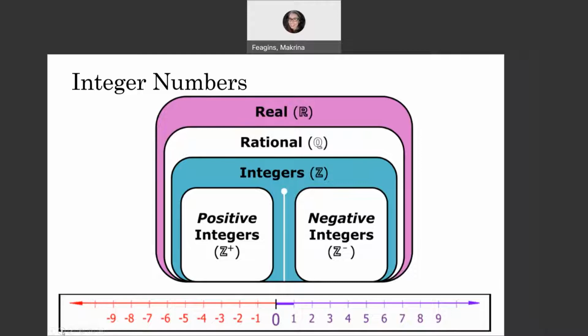So after the integers, which you'll see in set notation with the Z, the rational with the Q, and the real with the R. That's how the sets work. So the integers are inside of the rational. The rationals are inside of the real numbers.